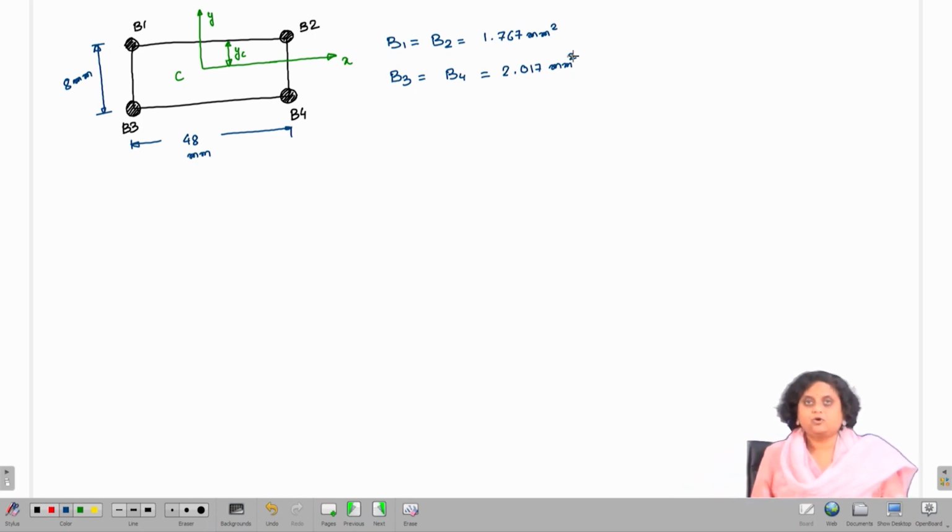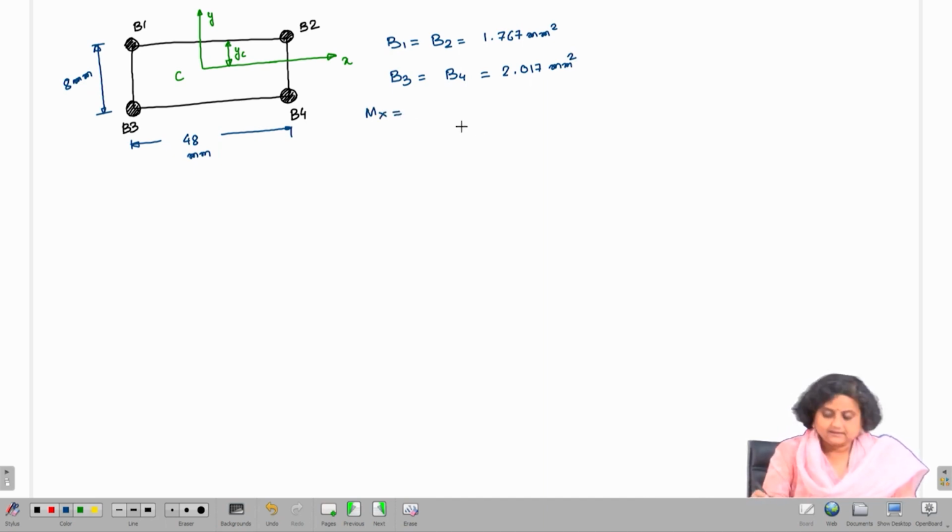Now, let us move on to the next part of the problem. The next part is to find out the direct stress or normal stress at the point 1. So, Mx is given as 500 kilonewton millimeter and My is given as 100 kilonewton millimeter.